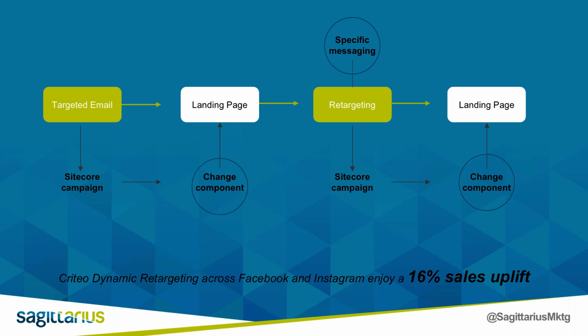Criteo's retargeting is also really useful because it's quite broad. Firstly, they use dynamic retargeting, so you can have product specifically that the users looked at, or you can have general retargeting if it's campaign led, but they also offer retargeting that spans your different social channels, so Facebook and Instagram.